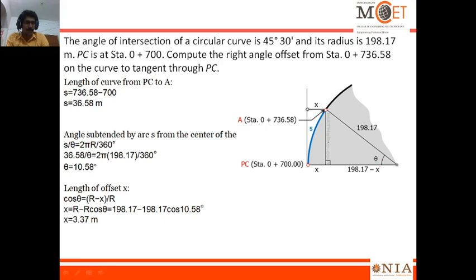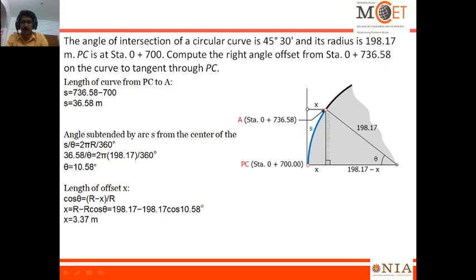Now in the right angle triangle, you know the theta, and one hypotenuse you know. From that you are able to determine this, right? Cos theta is equal to 198.17 minus x by 198.17, that is r minus x by r, right? We require the x.